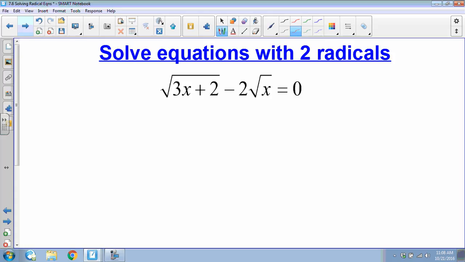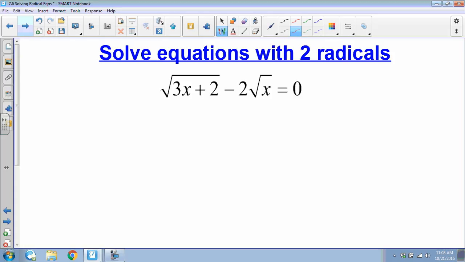So wouldn't it be convenient if you had that square root on both sides? Then you square both sides and get rid of both radicals at the same time. That's what you have to do. When you have more than one radical in an equation, you have to move one of them to the other side so that when you square both sides, you get rid of both radicals.